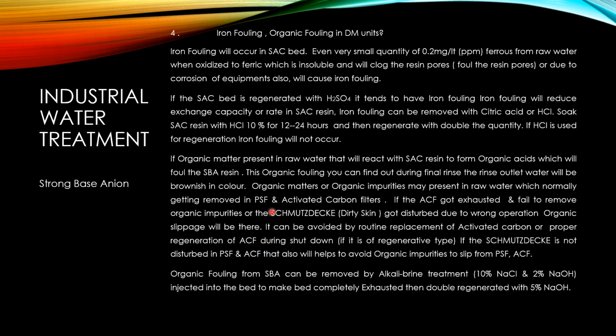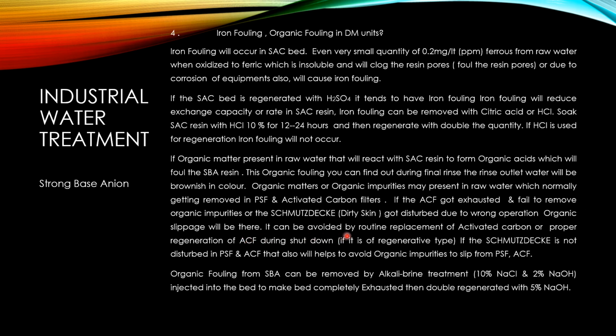So if it is disturbed, you will get microorganism slippage, and the organic matter which is held by the schmutzdecke will also slip and come to the ACF. And if the ACF is exhausted or is giving some slippage due to overload, then organic slippage will be there.